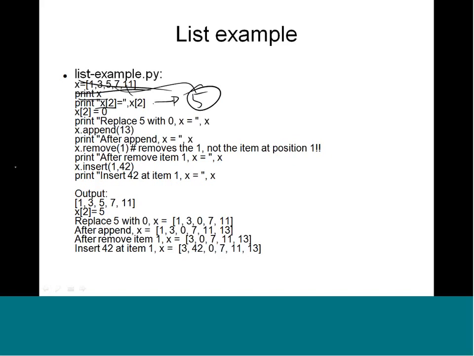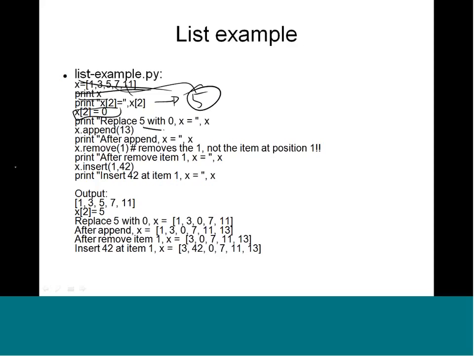Now we do this operation, which is an assignment x[2] equal to 0. Now what do you think, will this replacement happen? It happens in list because lists are mutable, so you can actually change them.